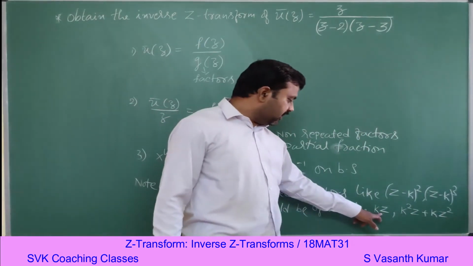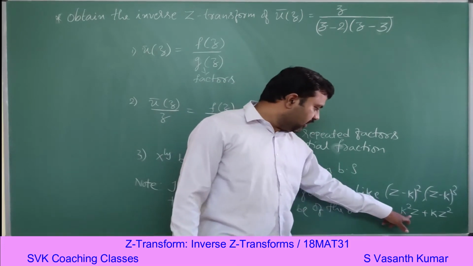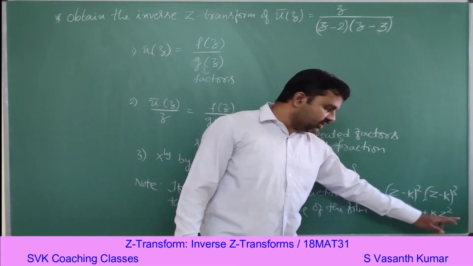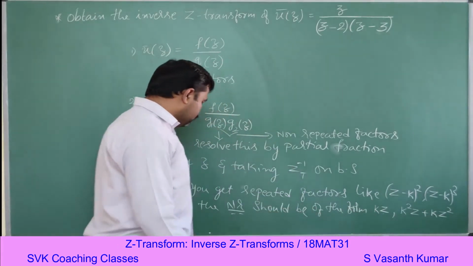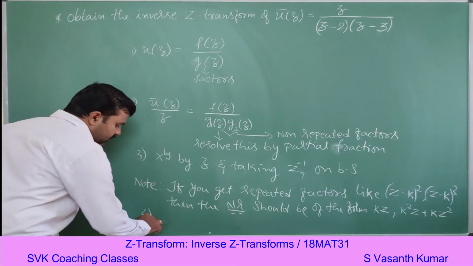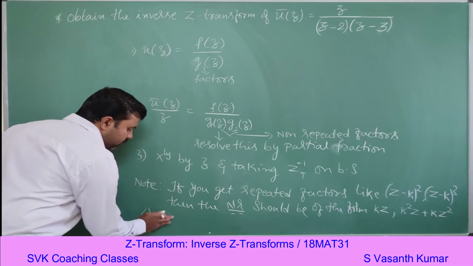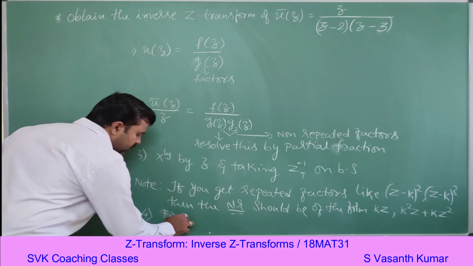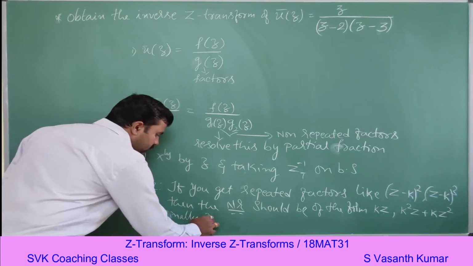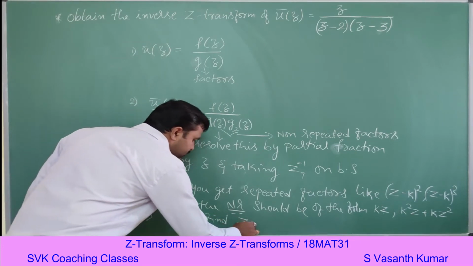After getting the numerator as KZ and K square Z plus K Z square, step number 4 is to finally find the ZT inverse.